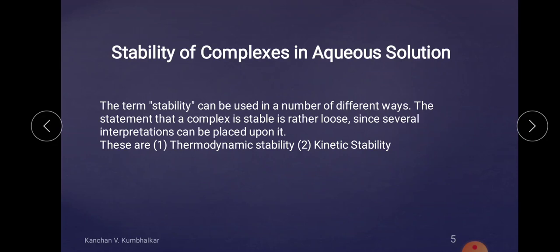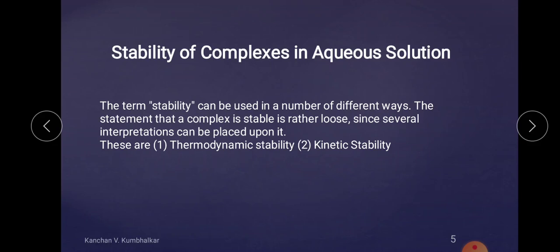When the term stability is used, it means that the complex exists and under suitable conditions it may be stored for a long time. Suppose you take a sodium piece and put it into kerosene, then it remains unreacted. It means the sodium is stable in kerosene.